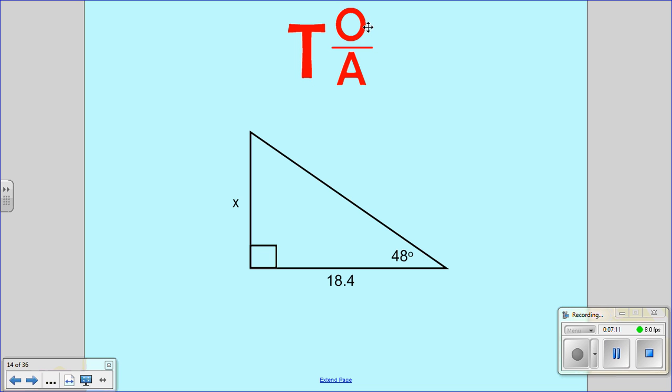All right. Tangent was opposite over adjacent. So if I wanted to find the tangent of the given angle, 48 degrees, the side opposite would be x. So the tangent of 48 degrees is equal to x over the side adjacent, which is 18.4.